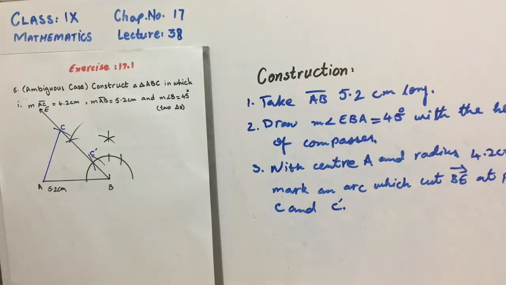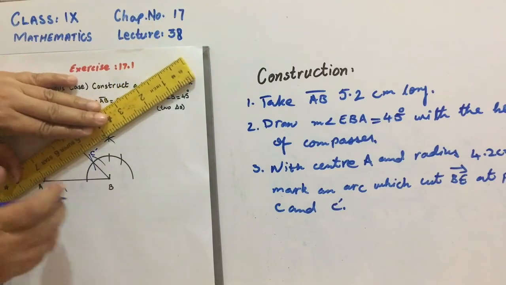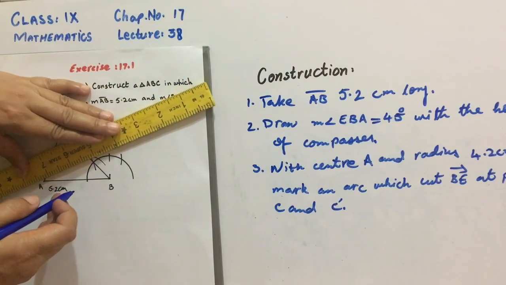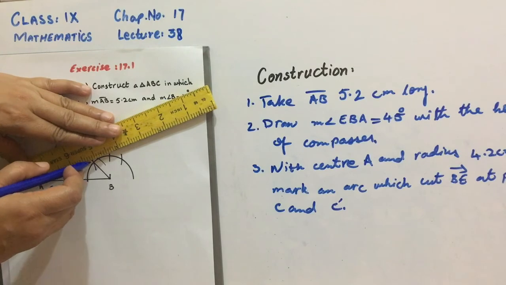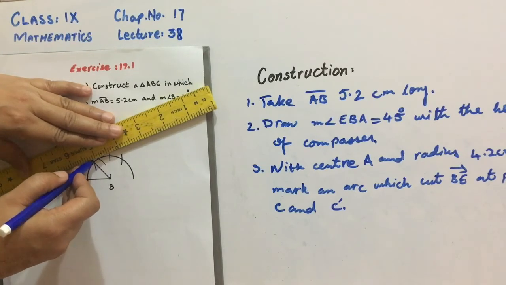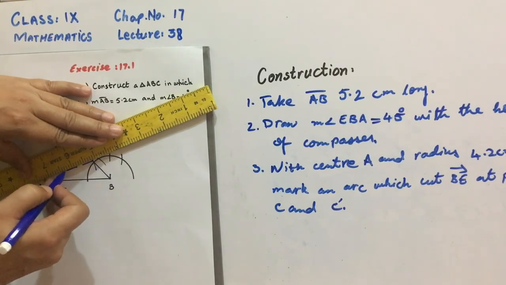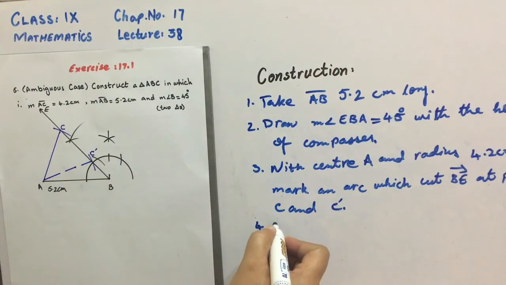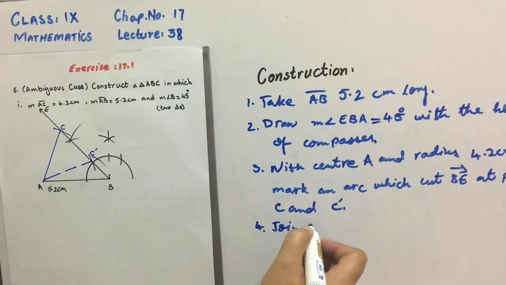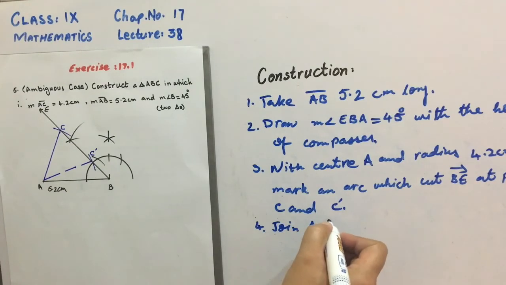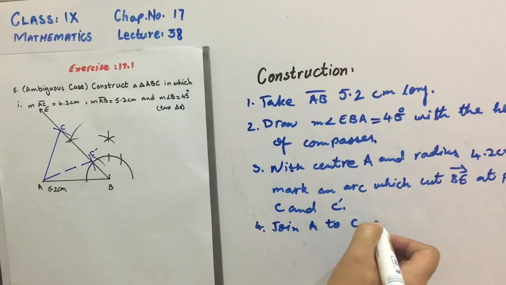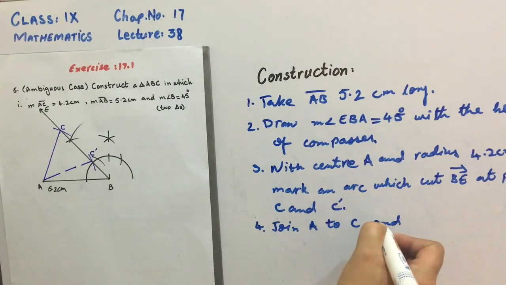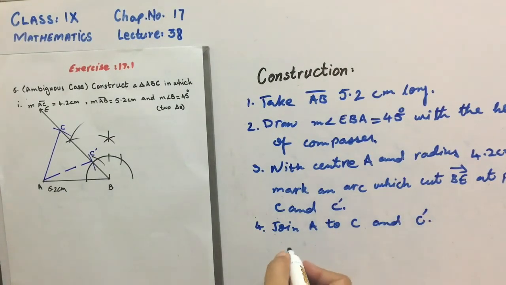I will draw the second line, A to C complement, with a dotted line. Step number 4, join A to C and C complement.